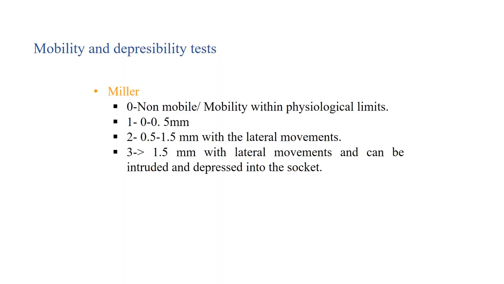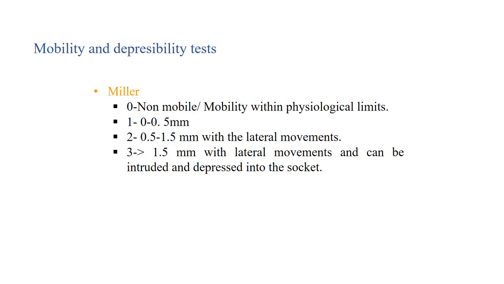Now, mobility and depressibility test is very important, because when there is a lot of mobility of a particular tooth, it is always indicative of breakdown of the periodontal support of the tooth. So if there is grade 3 mobility, this is not just an endodontic condition, it is a combination of endodontic and periodontal problems.